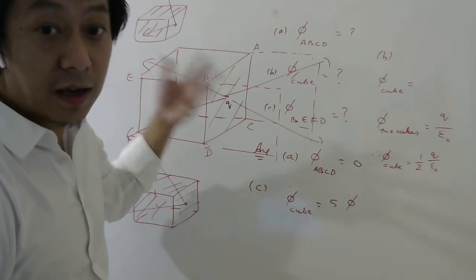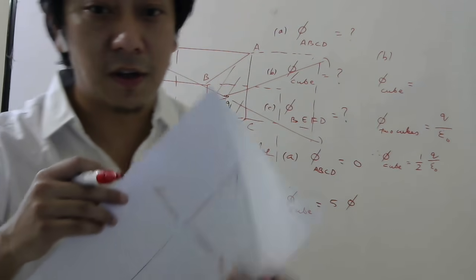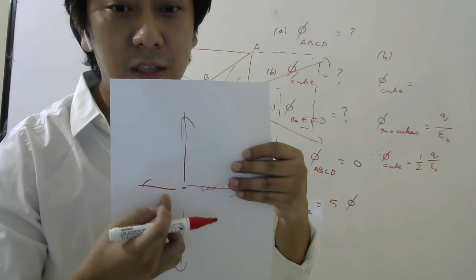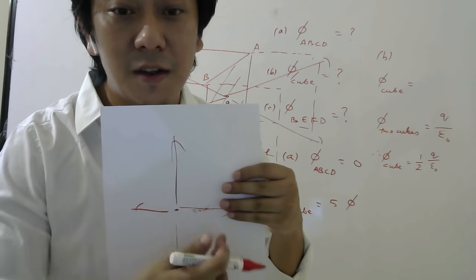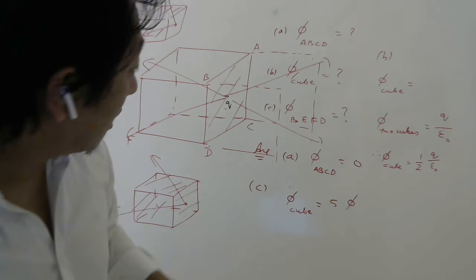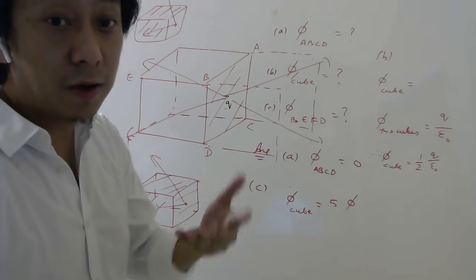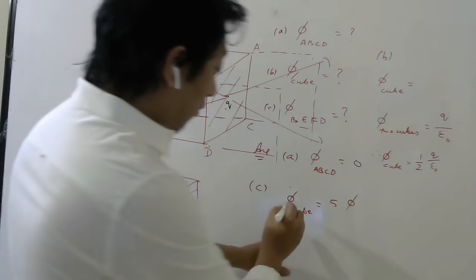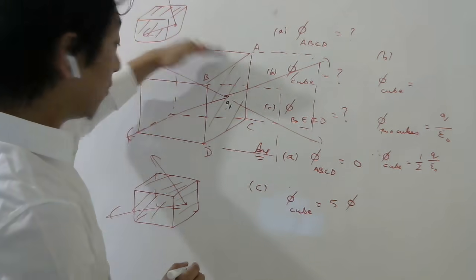So like that, there are 5 surfaces. Only this surface will not result in flux. This surface will be useless because the charge is kept on the surface itself. So any lines of electric field you draw will not cut this surface. So except this surface, all the other 5 surfaces will contribute to calculate flux through the cube. So flux through the cube will be 5 times flux through any one of the surfaces.